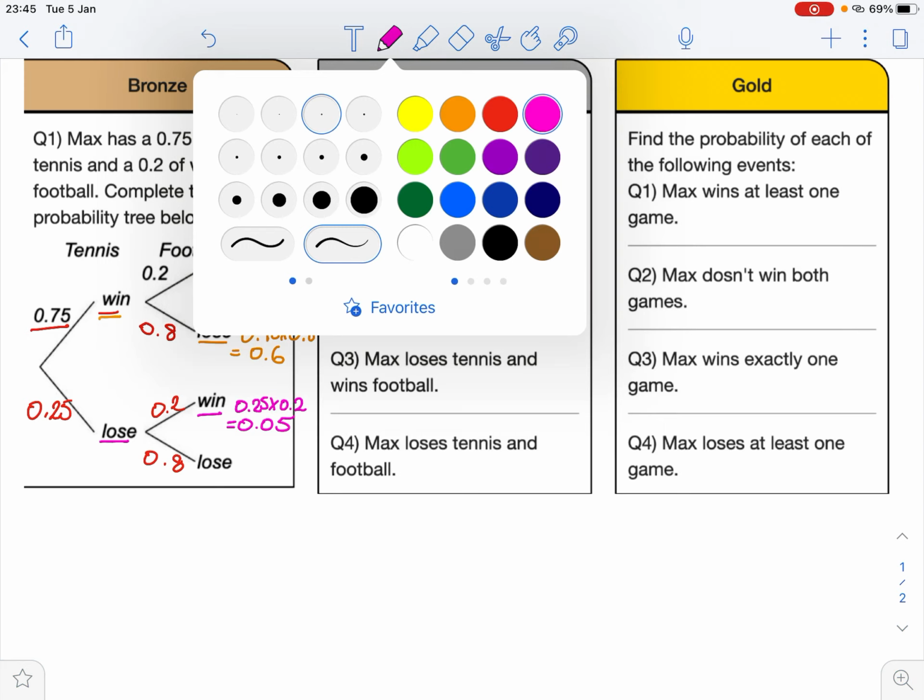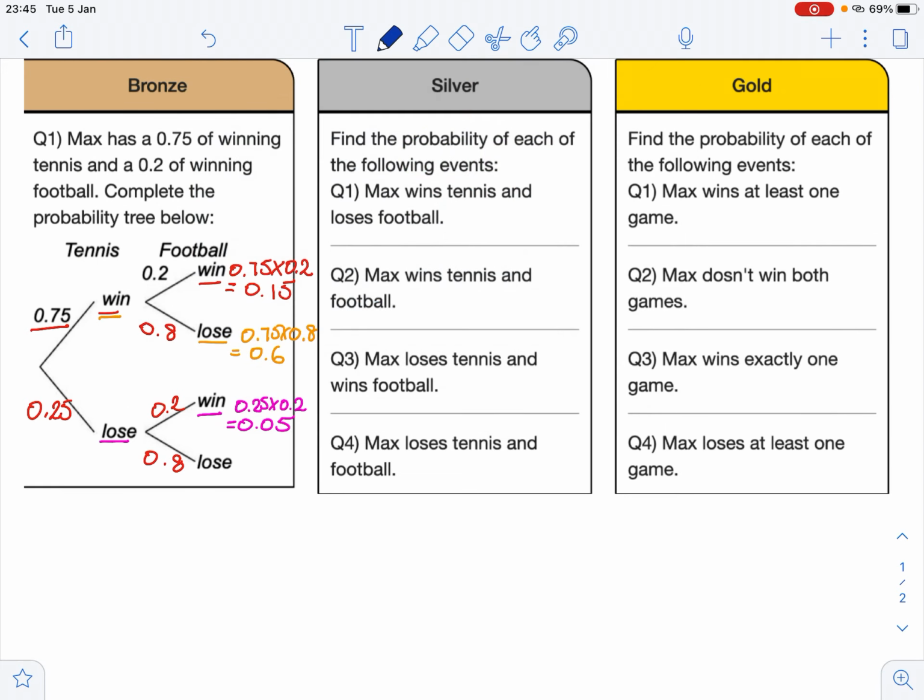Then finally, we're looking at Max losing tennis and then losing football. So it's 0.25 multiplied by 0.8, which equals 0.2.